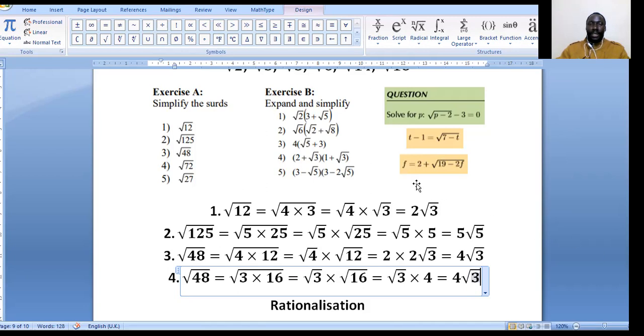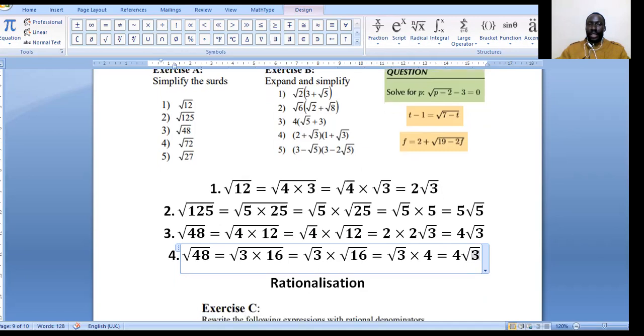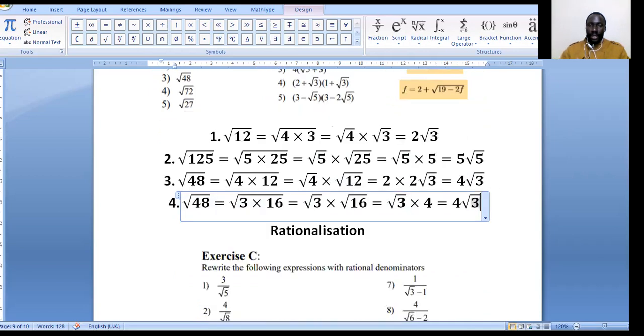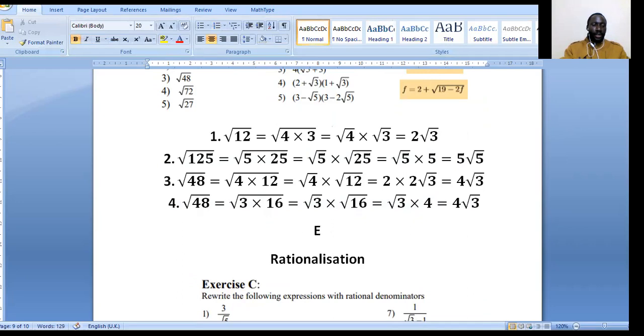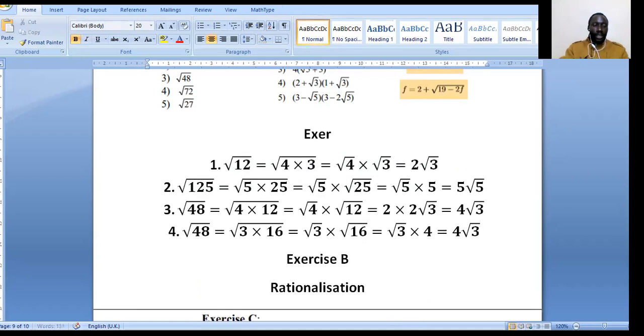The first two questions, we are having square root of 2, radicals outside. This one up was exercise A.